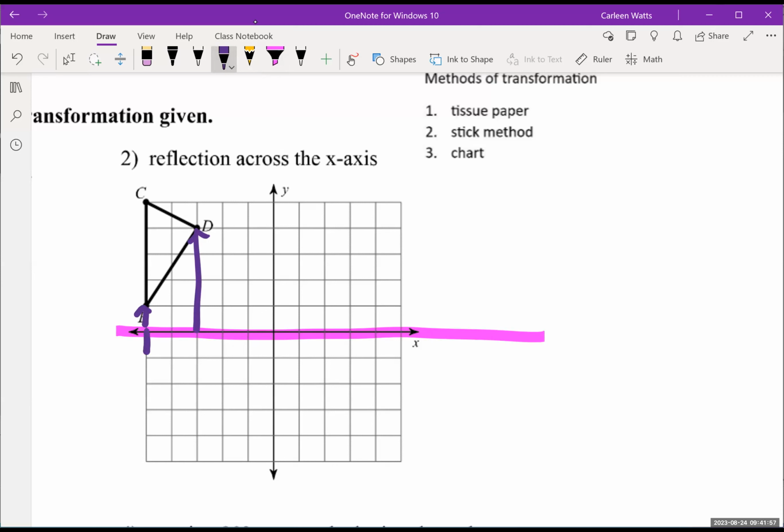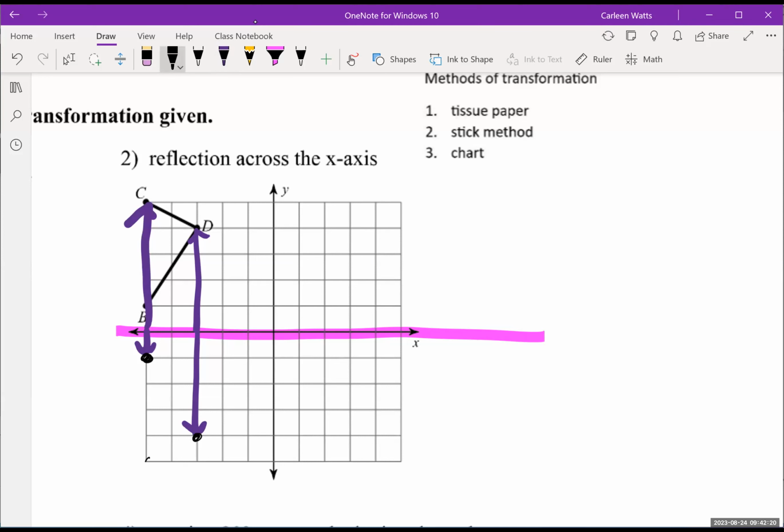So now this stick goes down. This stick goes down 4. Okay, this stick goes 5.